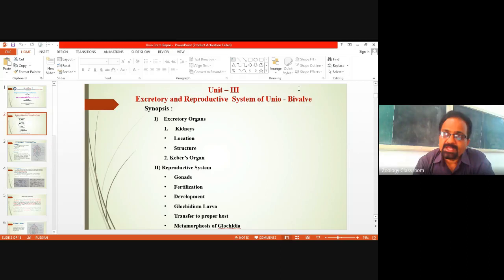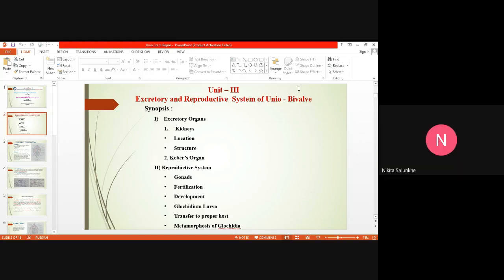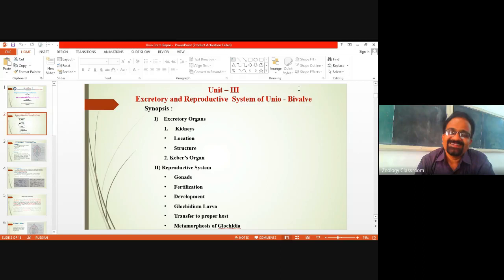Which gill lamina is larger, inner or outer? The inner gill lamina is larger than the outer gill lamina.